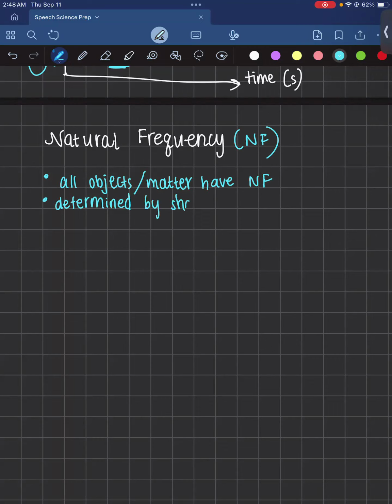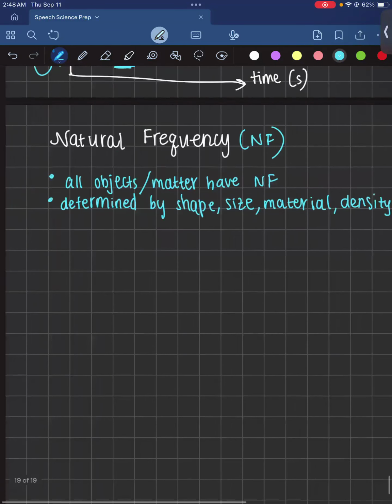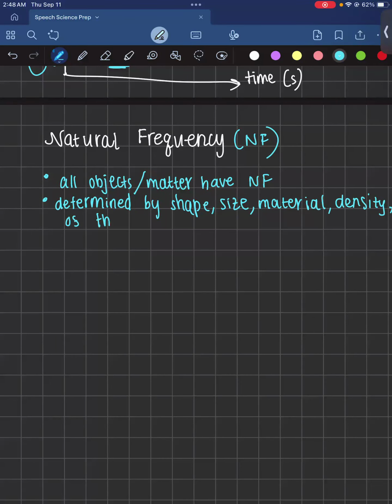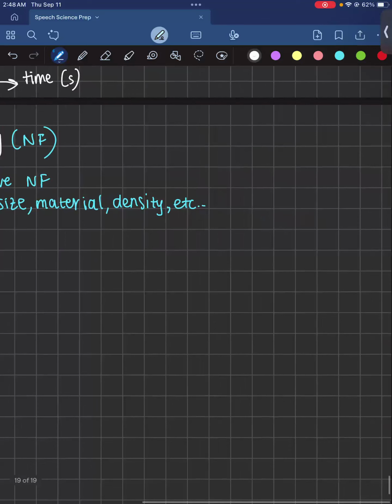So this could be shape or size, the material it's made out of, the density. It can be a lot of different characteristics, but it's determined by these characteristics of the object itself.